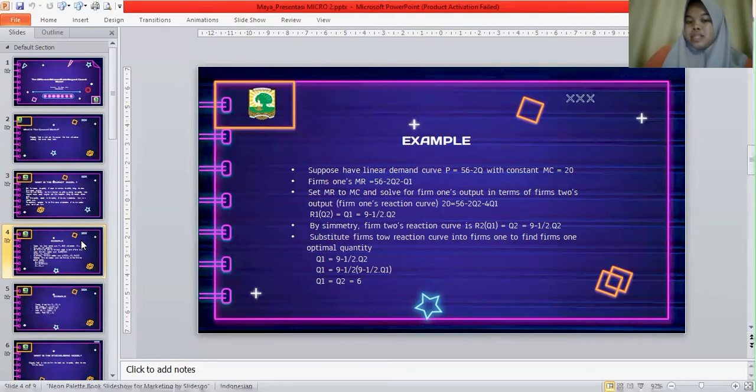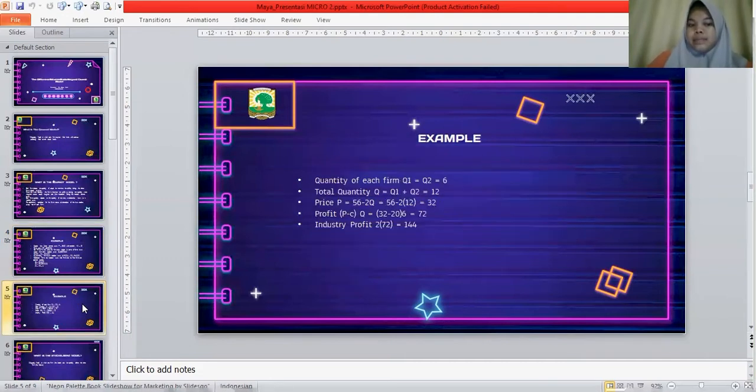And we substitute firm 2's reaction curve into firm 1's to find firm 1's optimal quantity. The formulas: Q1 equals 9 minus 1/2 times Q2, and Q1 equals 9 minus 1/2 times (9 minus 1/2 times Q1), and Q1 equals Q2 equals 6.